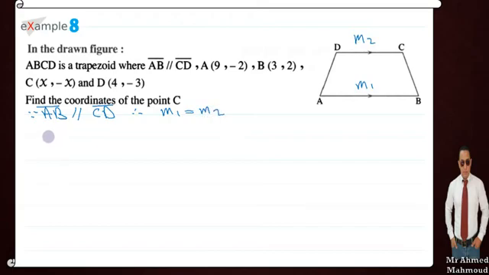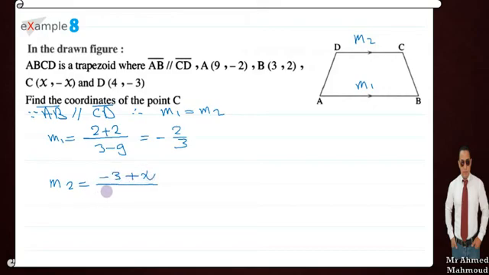Okay, I will evaluate M1. M1 is the slope of AB. Slope of AB equals 2 plus 2 over 3 minus 9, which is equal to negative 2 over 3. Okay, M2, which is the slope of CD, equals negative 3 plus x over 4 minus x.